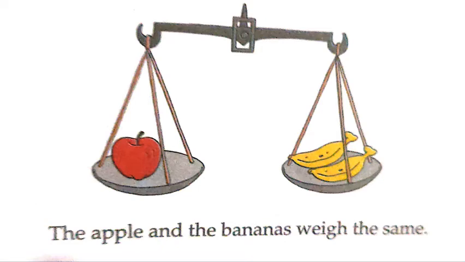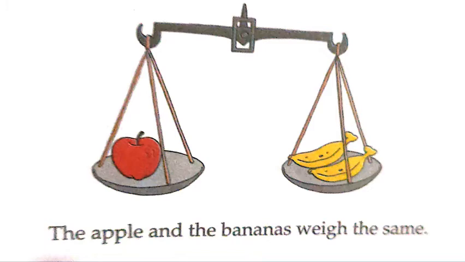Now children, what happens when the objects have equal weights? Okay, look at this example. Now children, let us put the apple on one pan and two bananas on the other pan. We see that the pans containing the apple and the two bananas will remain in the same level.